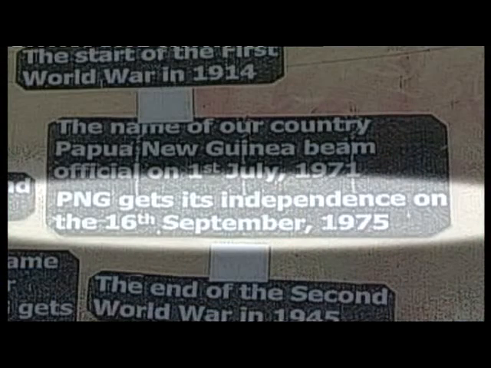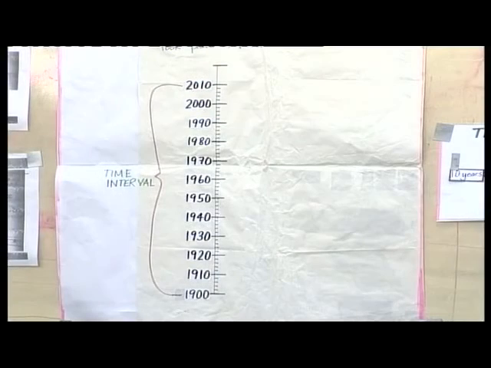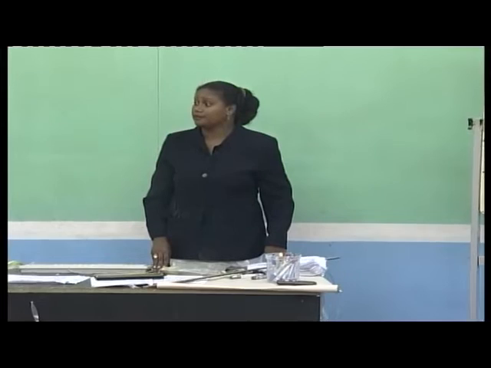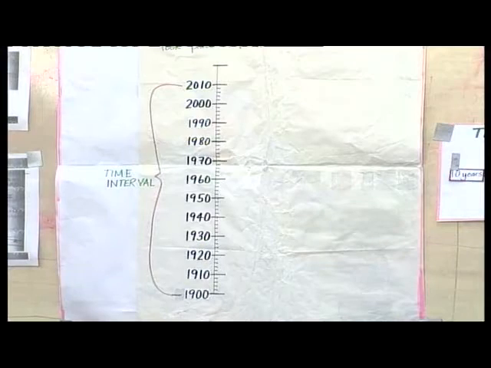To which group that is holding that strip, I'd like you to come up to the front and label when the event took place on the chart. Who has the event when Papua New Guinea gained independence? Check your strips of papers. All right, can we have Rodney to come up and place it up on the chart?